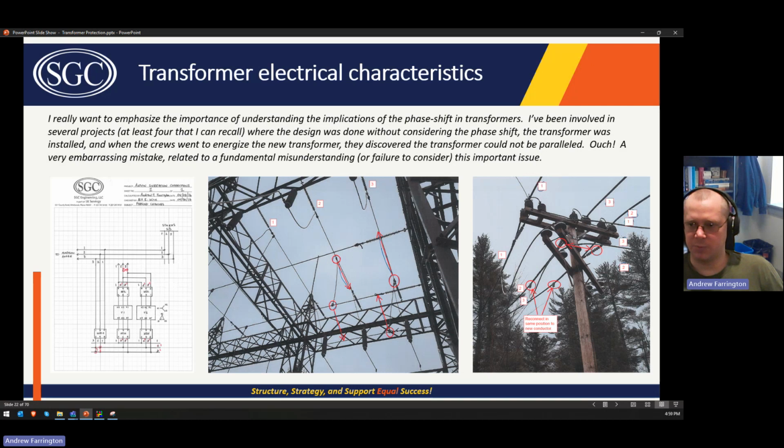Me and Bill Wise, my coworker, went there and started looking at their system, and they didn't have the primary phases marked in their substation. There was a lack of actual PNC drawings at the substation, so we were hand over handing circuits and trying to figure out what was going on.